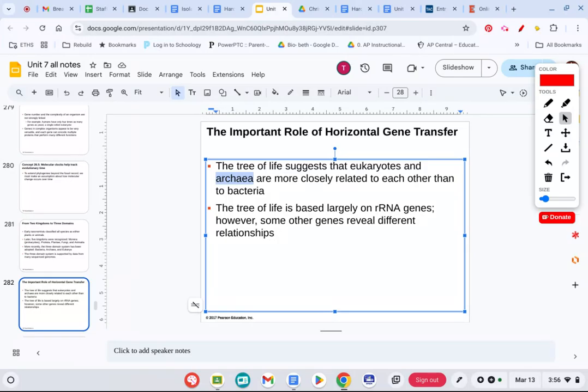They don't share as close a common ancestor as eukaryotes do with the domain archaea. And that's just kind of cool and weird too.